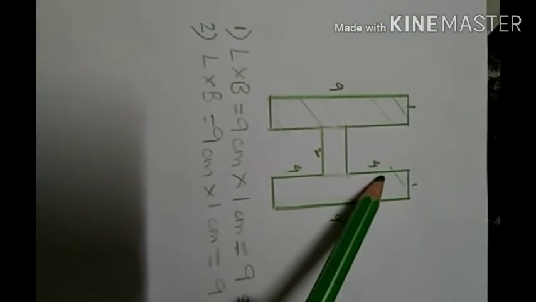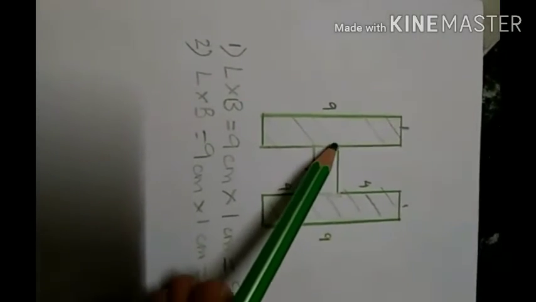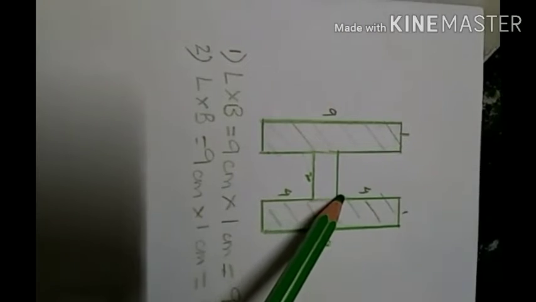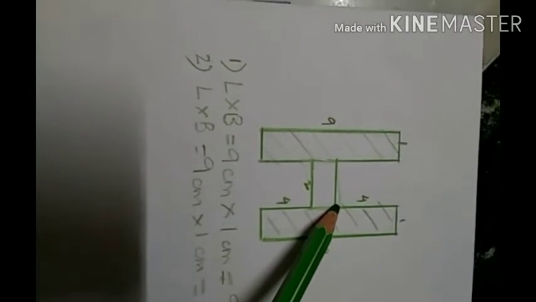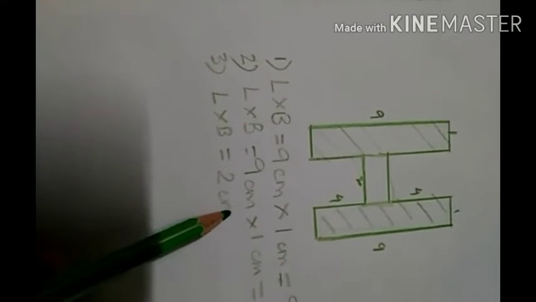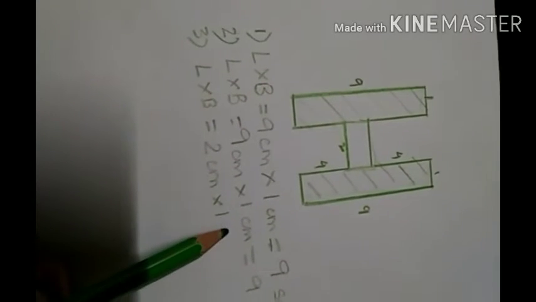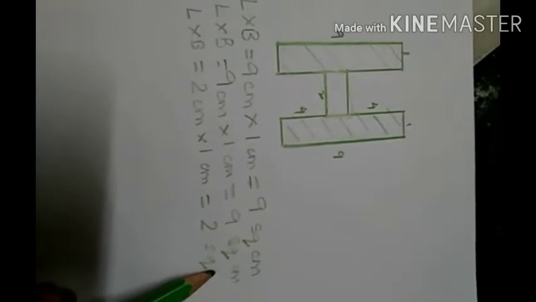So we covered the two tall rectangles. We are left with this small rectangle whose length is 2, breadth is 1. So the remaining rectangle, we find area, length into breadth, length is 2 centimeter, breadth is 1 centimeter. That comes to 2 ones are 2 square centimeter.